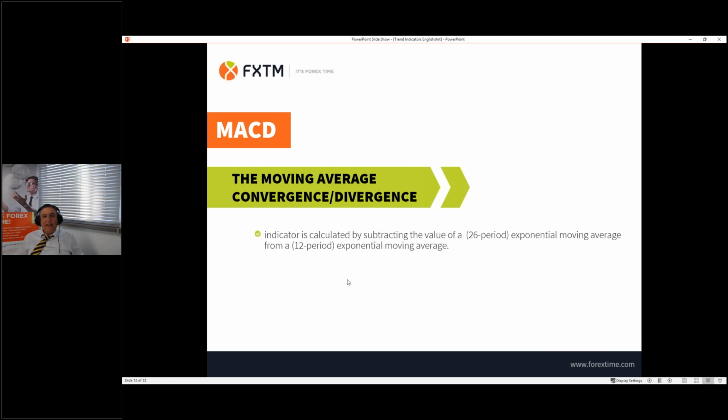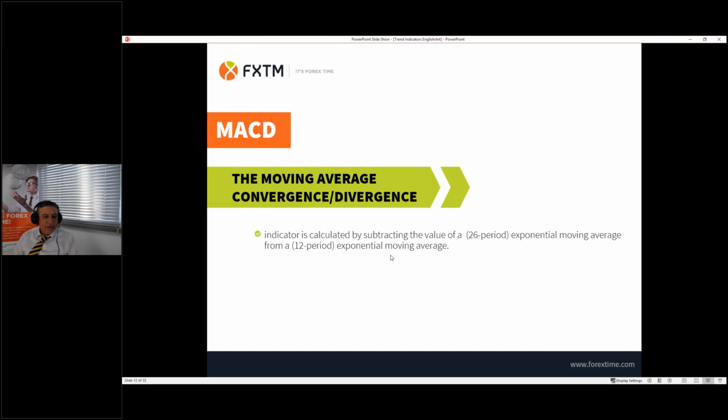So actually, as I said, it consists of two exponential moving averages. The first one is a 26-period exponential moving average, and the second one is a 12-period exponential moving average.